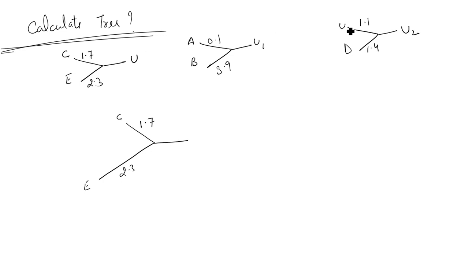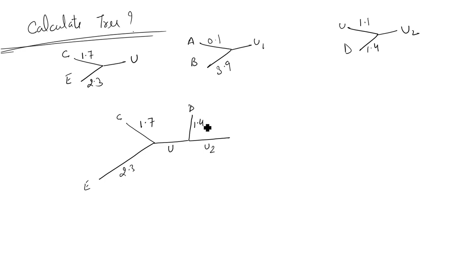U is connected with D, so let's mark D here, and D is 1.4. This one is U. U is also connected to U2, so this one is your U2.